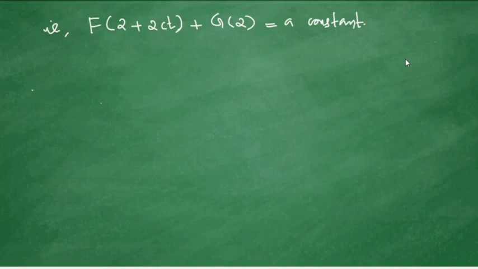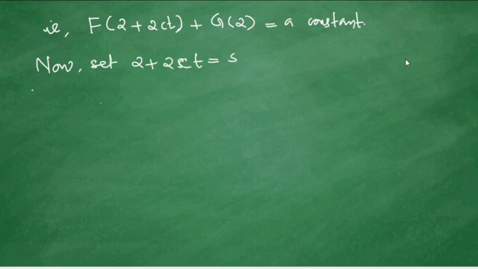Now we put 2 plus 2ct as another variable. Set 2 plus 2ct equal to s.